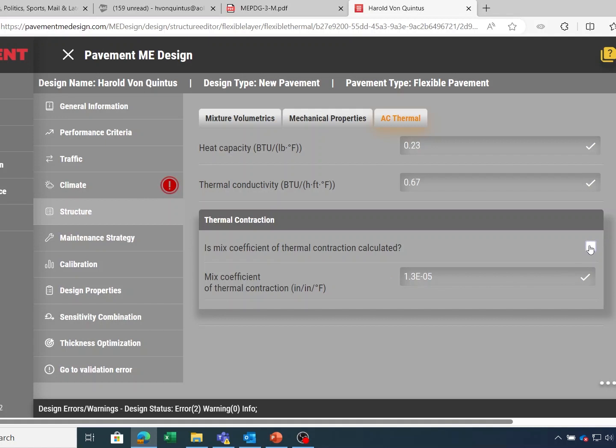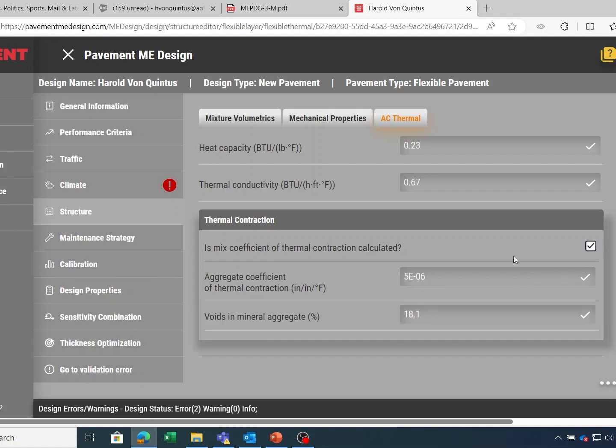Again, this should be consistent with how the transverse cracking transfer function was calibrated, and it's generally recommended that the coefficient of thermal contraction be calculated internally within the program.